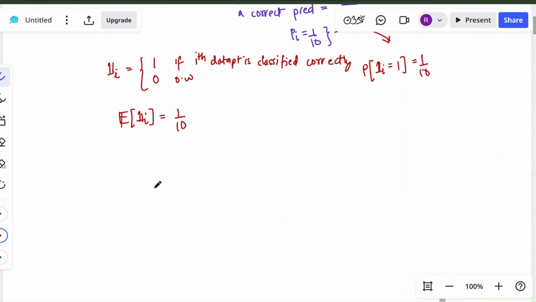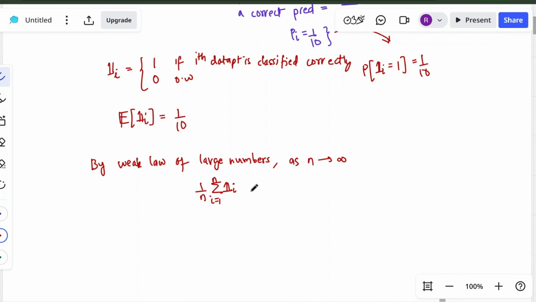Now, by the weak law of large numbers, what can we say? We can say that as n goes to infinity, or as n becomes very, very large, the sample average of these indicator variables goes to the expected value, which is equal to 1 by 10.